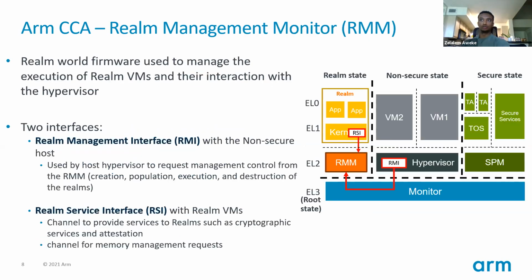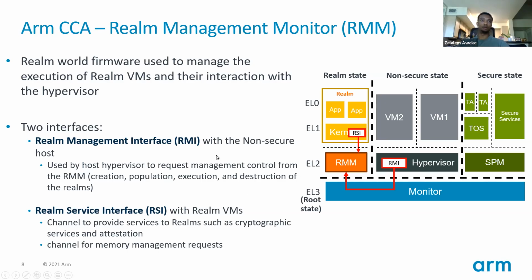Okay, so like I mentioned earlier, now we have a new firmware called Realm Management Monitor. This firmware is used to manage execution of Realm VMs, and it interacts with the hypervisor and also the Realm virtual machines. So there are two interfaces, one with a non-secure hypervisor.